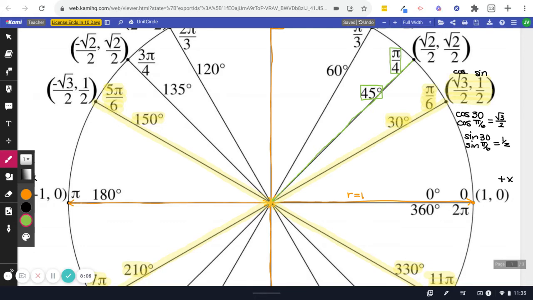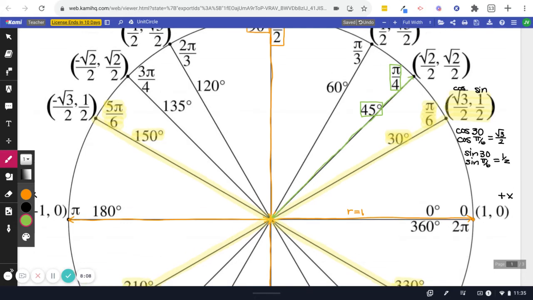And for this particular angle, it's root 2 over 2, root 2 over 2. So that would mean that cosine of 45 is root 2 over 2, sine of pi over 4 is root 2 over 2. The 3 pi over 4 here in this other quadrant has the exact same value.